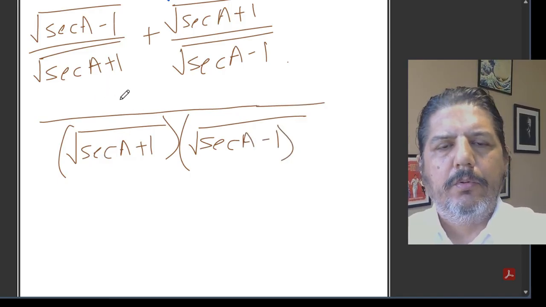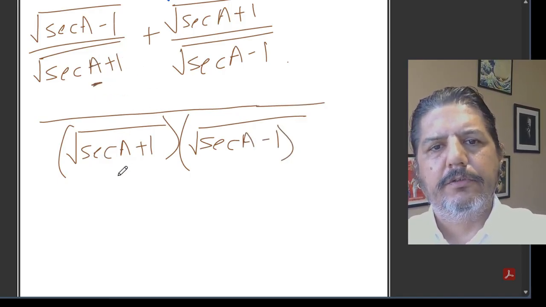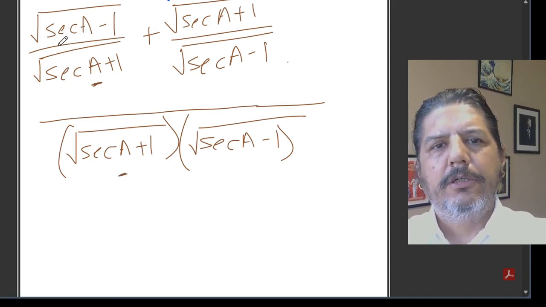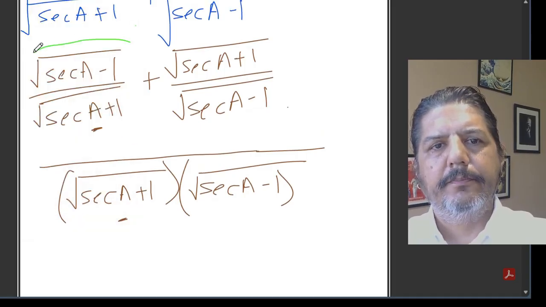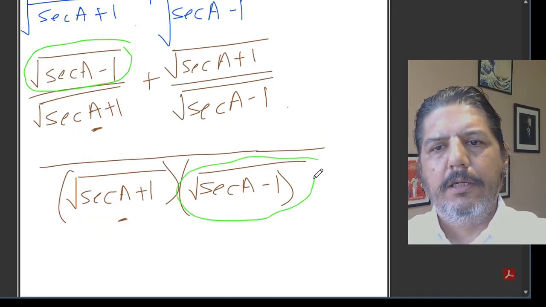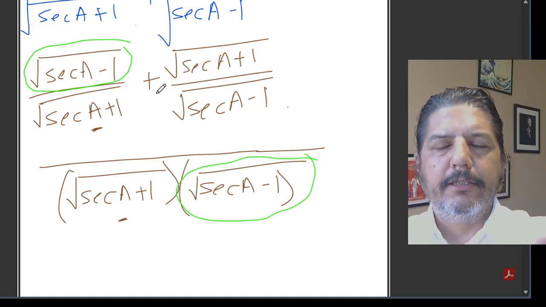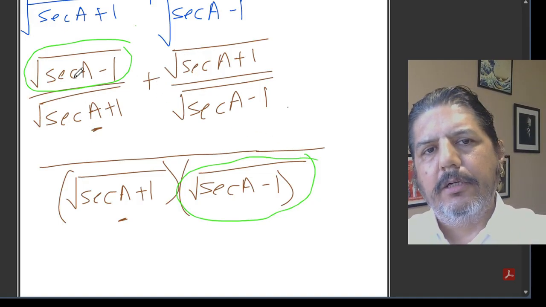And now when I have to take the LCM, see this root secant A plus 1, this is root secant A plus 1. So I have to multiply this term with this term. And because under the square root the same number would be there, this is what I was trying to tell.